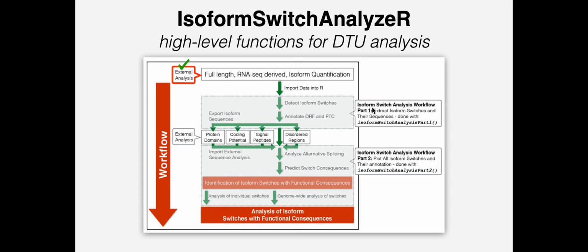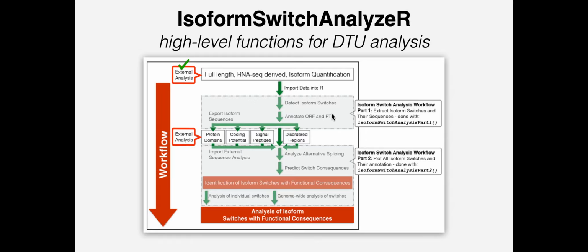And that's all carried out using this isoform switch analysis part 1. They're bundled together, all these different steps inside this one function. And the reason they don't bundle further here is that there's a stopping point for another external analysis, and it's one that we won't do in this class just because of time.